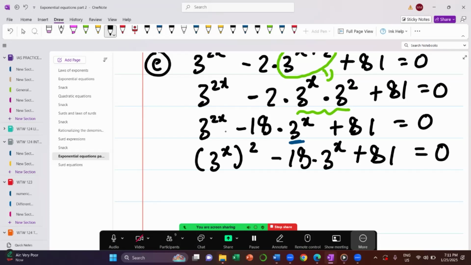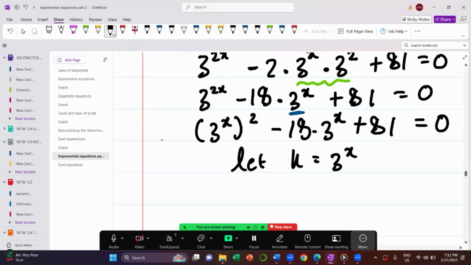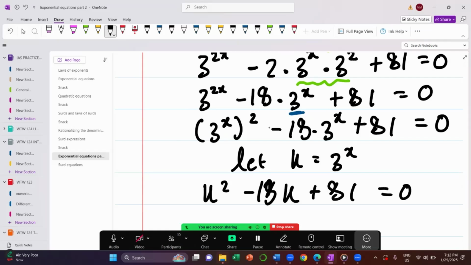Guys, are you okay? And now I can just say let k be equal to 3 to the exponent of x, and therefore this is just going to be k squared minus 18k plus 81, all equal to 0.